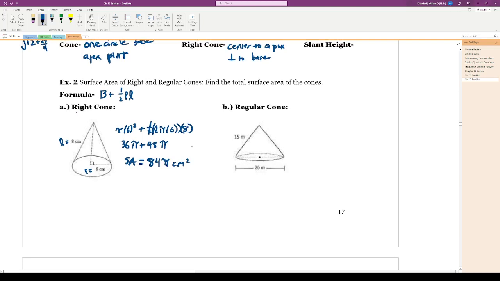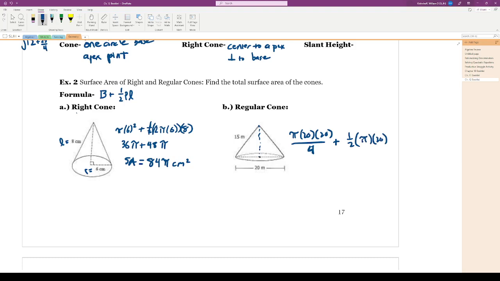Second cone, this one we still have the slant height and we have a diameter. So our area of our base is pi d squared over 4. Or you can change it to a radius and do pi r squared, of course. Plus 1/2 times our perimeter, which is pi d since we're working with diameter, times pi times 20.